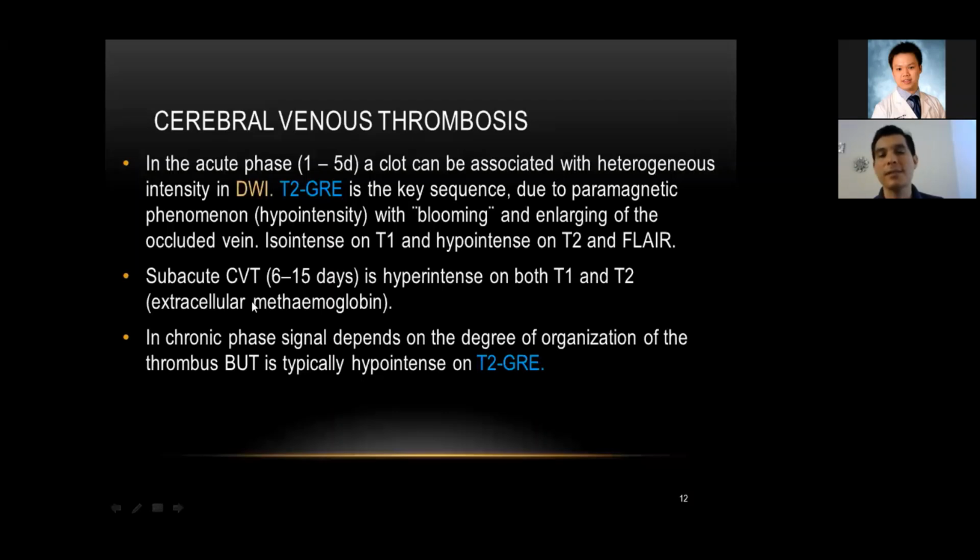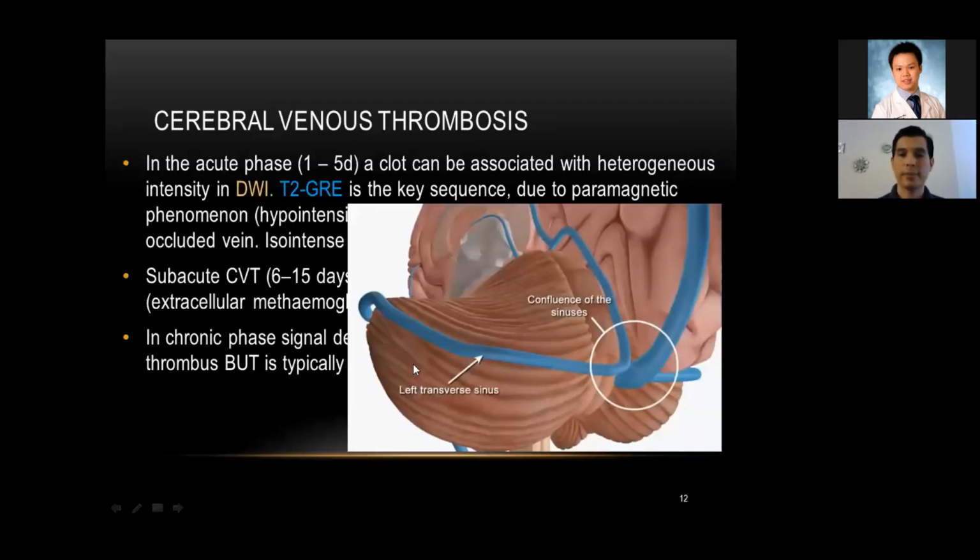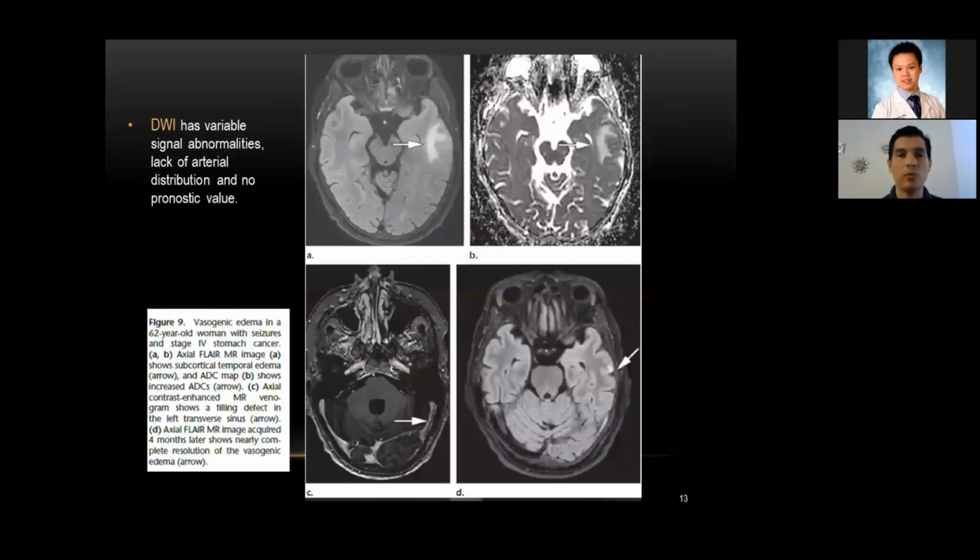This is a physics explanation that is very far from our topic. And in chronic phase, typically T2 gradient will be hypointense. This is the special place where we will see this pathology.